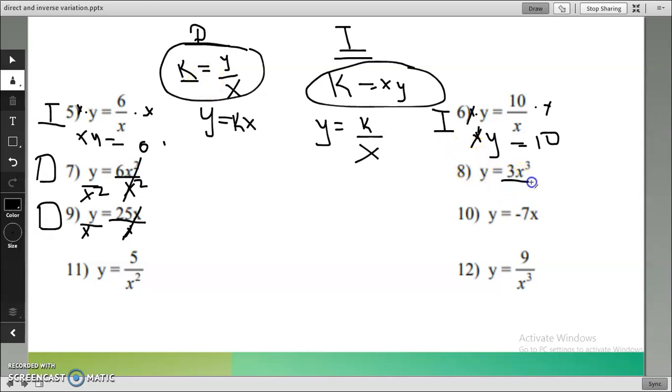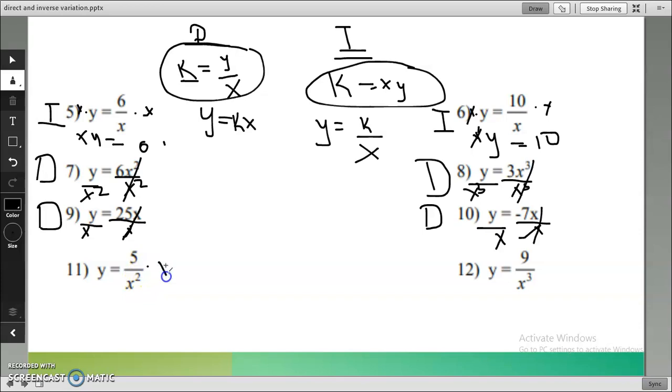Over here, I'm going to divide by x cubed, and again my y is over x, so that is direct form. Here we're going to divide by x, so my x's go away, and that's y over x, so that is in direct form.